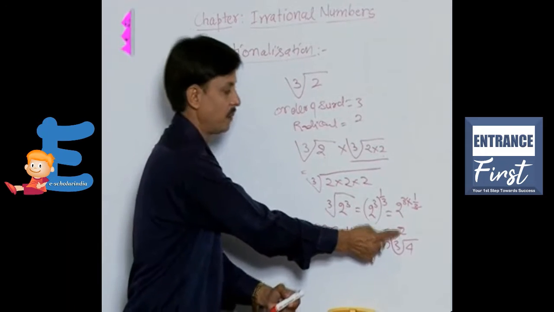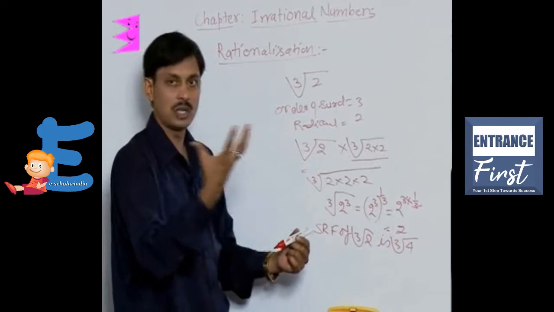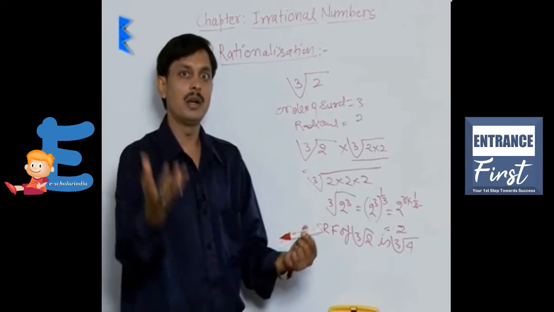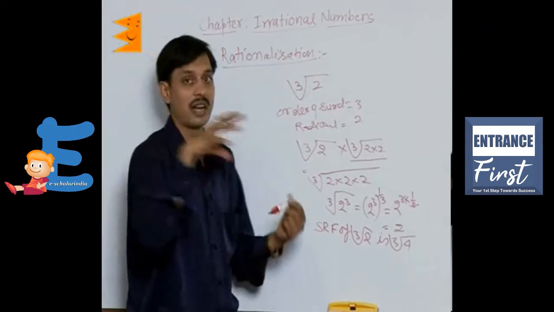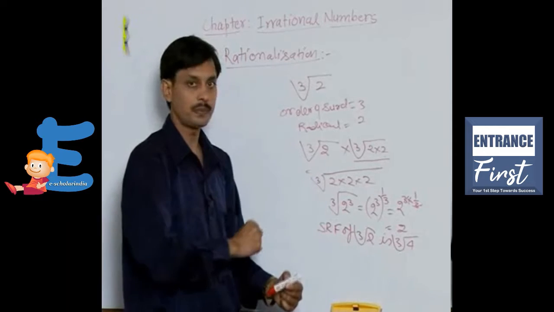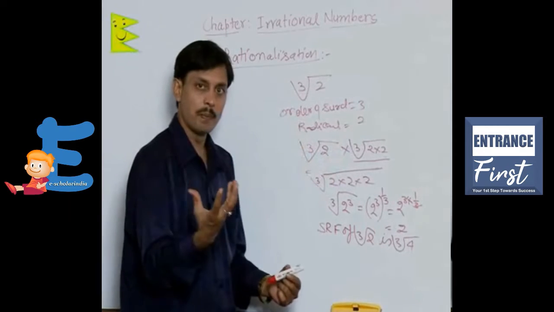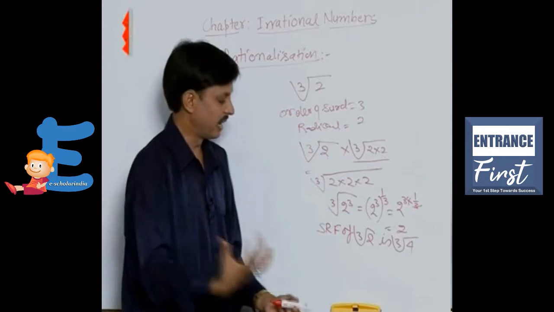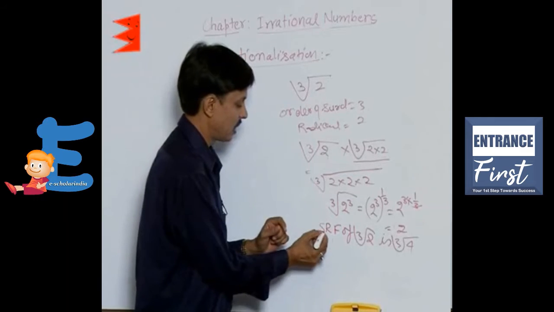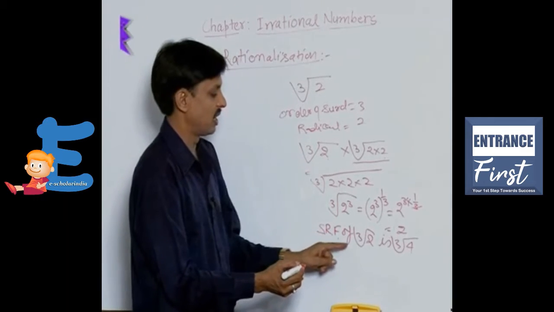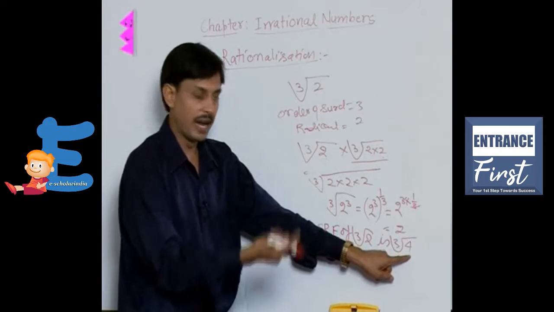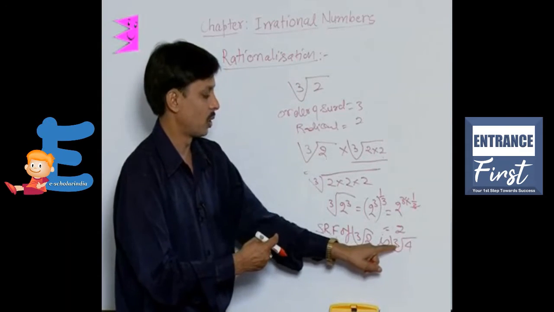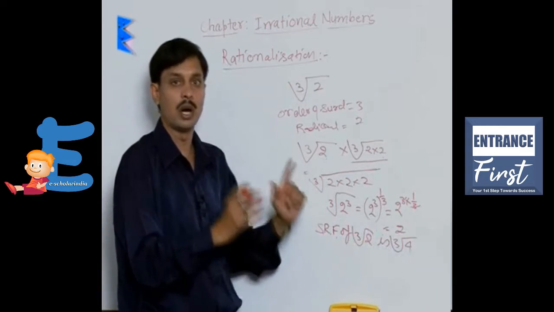That is a rational number. Hence, the simplest term required to multiply with a surd is known as the rationalizing factor. That's why it is simplest, first one, hence it's known as SRF. The simplest rationalizing factor of the cube root of 2 is the cube root of 4, and the simplest rationalizing factor of the cube root of 4 will be the cube root of 2.